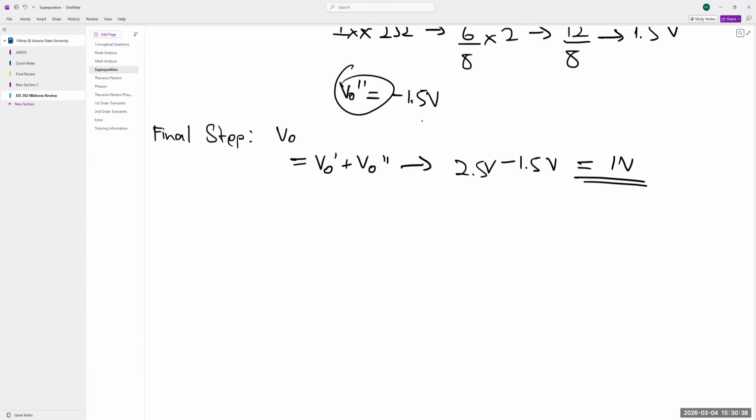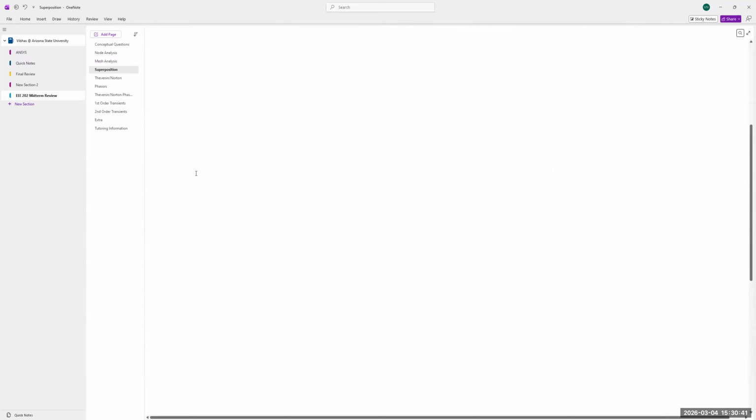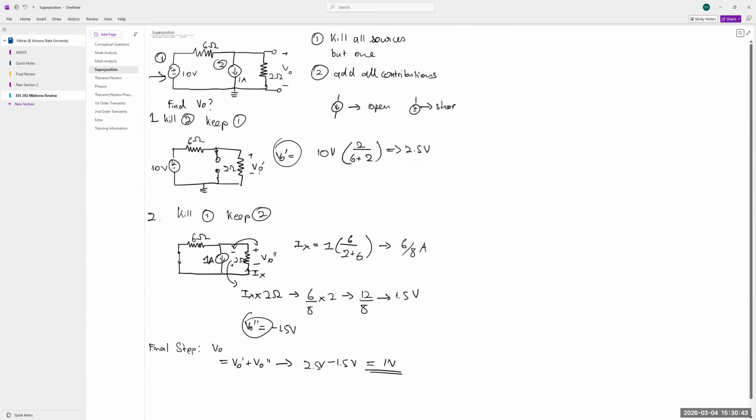So the answer to this question is 1 volt. Okay, so here's a way you can see all the steps. We're trying to find this voltage. We kept one and killed the other. Then we kept the other and killed the first one. And then we added both of them, 2.5 and 1.5, to find out the final answer.